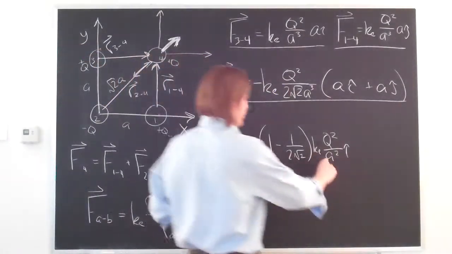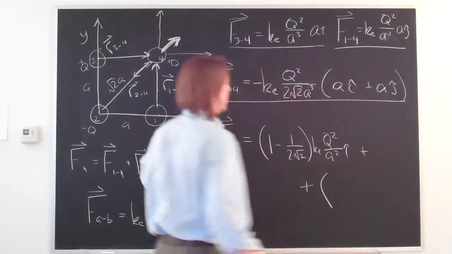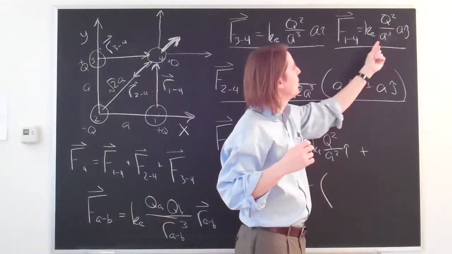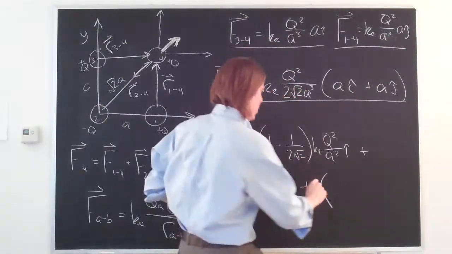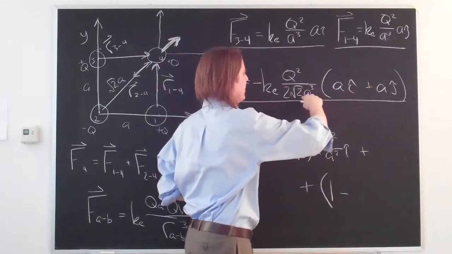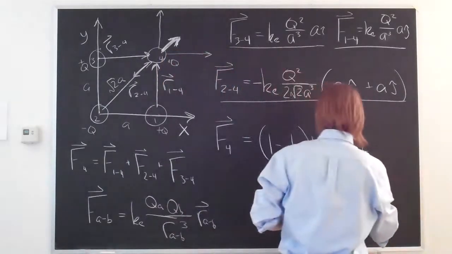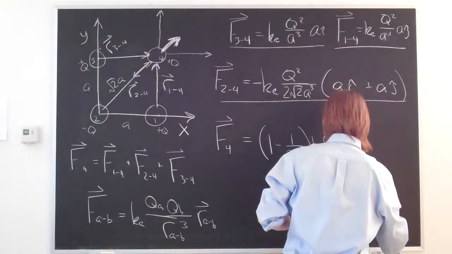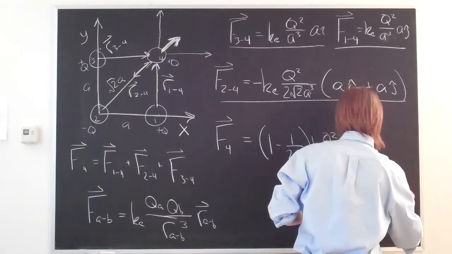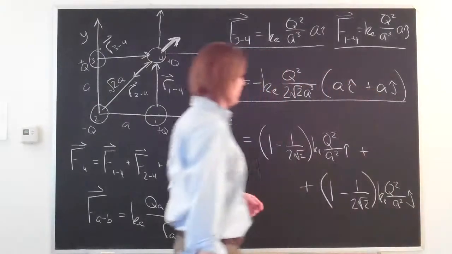Then the J hat component is going to be exactly the same. In terms of Keq squared over A squared, the A's cancel, it's going to be a 1, and then minus 1 over 2 square root of 2, times Keq squared over A squared J hat.